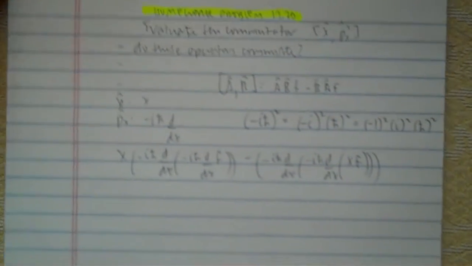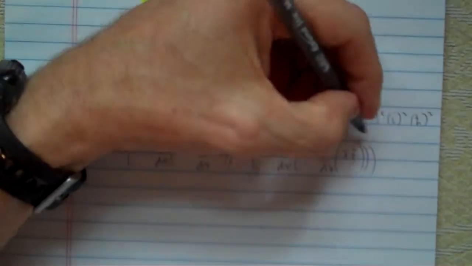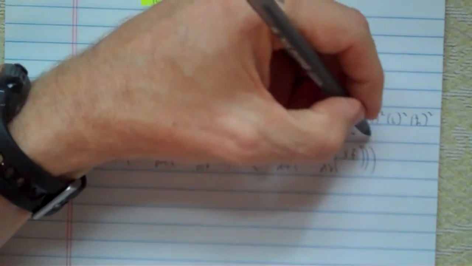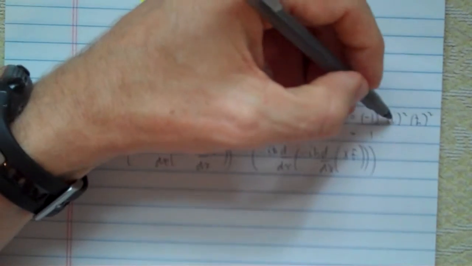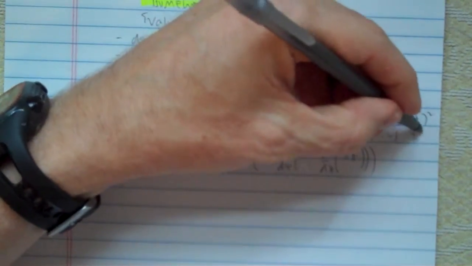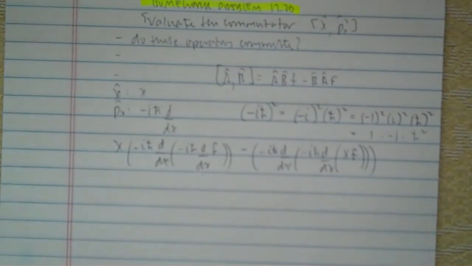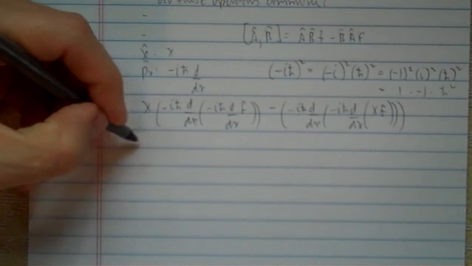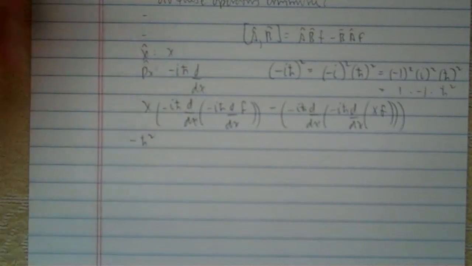I say that because it's an easy mistake to make, and I really want to work this out. What is minus 1 squared? Plus 1. What is i squared? Minus 1. What is h bar squared? Well, it's h bar squared. So if I pull these two out front, this is going to end up being minus h bar squared.